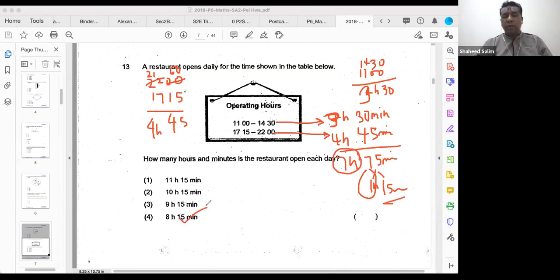If you don't know, you count forward from 11, 12, 1, 2, 3 hours away. 3 hours, 30 minutes. Thereafter, 5:15, 6:15, 7:15, 8:15, 9:15, 4 hours, plus another 45 minutes. So you can do that way also.